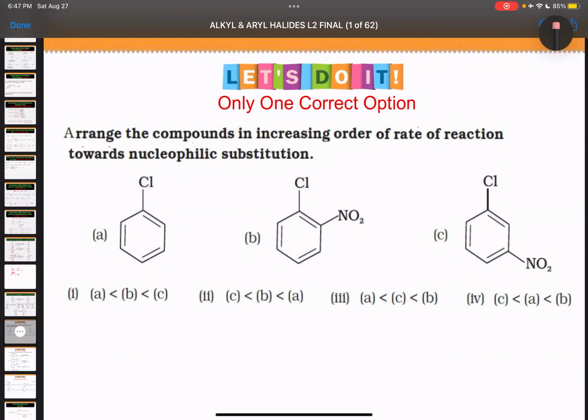So I can help you out. I can give you a hint. This is the NO2 group. I will write it in a more expanded form. This is the double bond of the benzene ring. So NO2 will pull electrons, and when it pulls electrons, it brings in a positive charge.